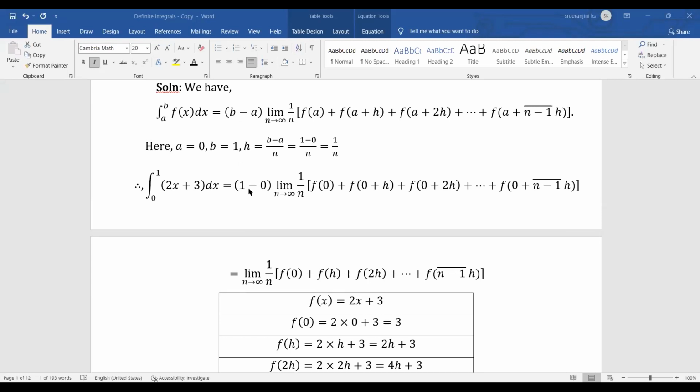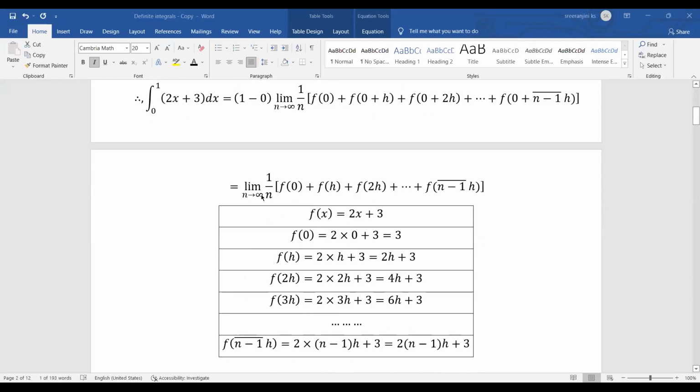Then b minus a is 1 minus 0, limit n tends to infinity. f of a, that is f of 0, f of (a plus h), 0 plus h, f of (a plus 2h), f of (0 plus 2h) plus etc. plus f of (0 plus (n minus 1)h), which is equal to limit n tends to infinity 1 by n [f of 0, then 0 plus h is f of h. Similarly, f of 2h plus f of 3h plus etc. plus f of (n minus 1)h].